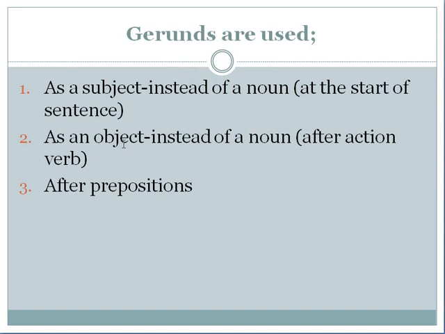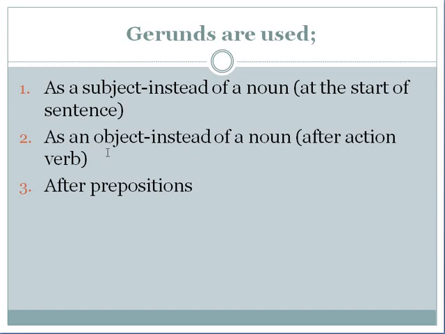Gerunds are also used as object, and as I just told you, object is the part of a sentence that always comes at the end of a sentence, and object always comes after an action verb. Like he writes a letter, writes is verb, and a letter is object. So object always comes after an action verb, and object is again a noun.